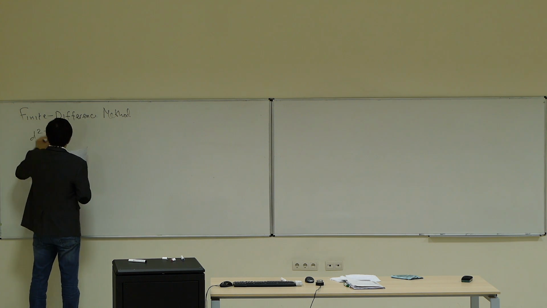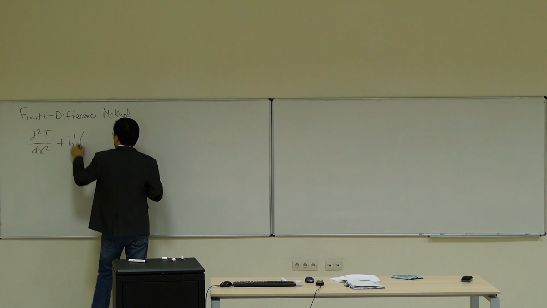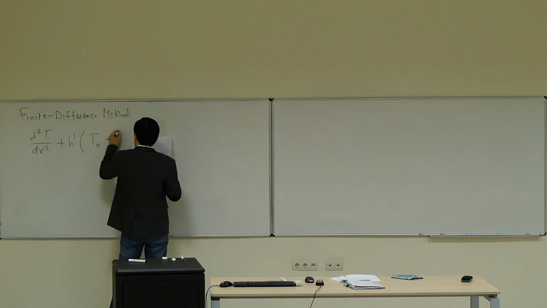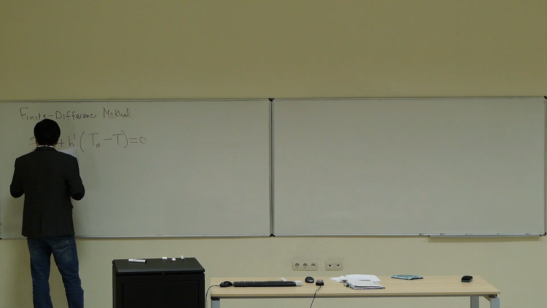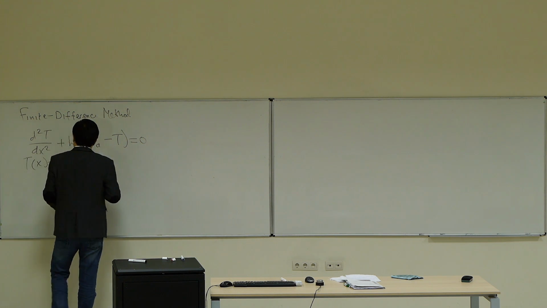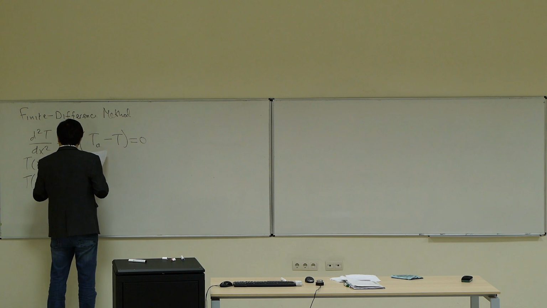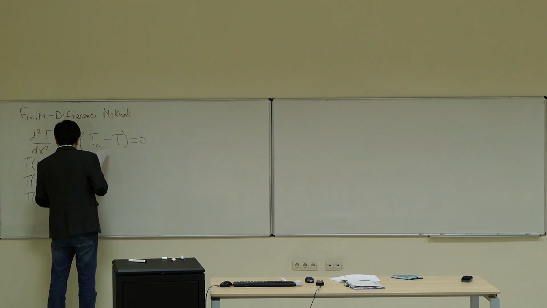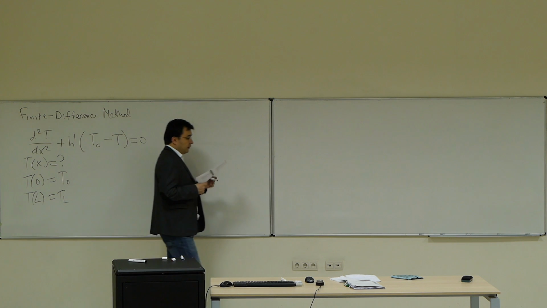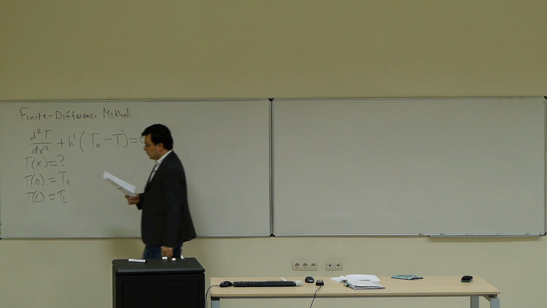The second derivative of T with respect to x plus some constant h prime times (Ta minus T) is equal to 0. My unknown function is T, so I have to find T of x, and I'm given boundary conditions: T at point 0 is equal to some T0, and T at point L is equal to some TL. So I need to find T where x ranges from 0 to L.